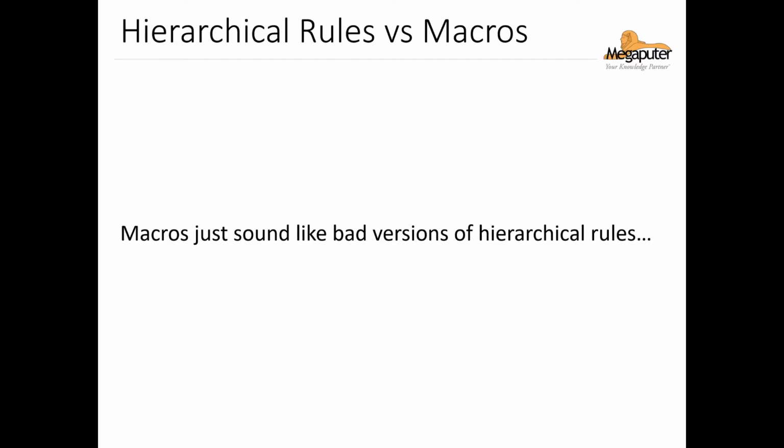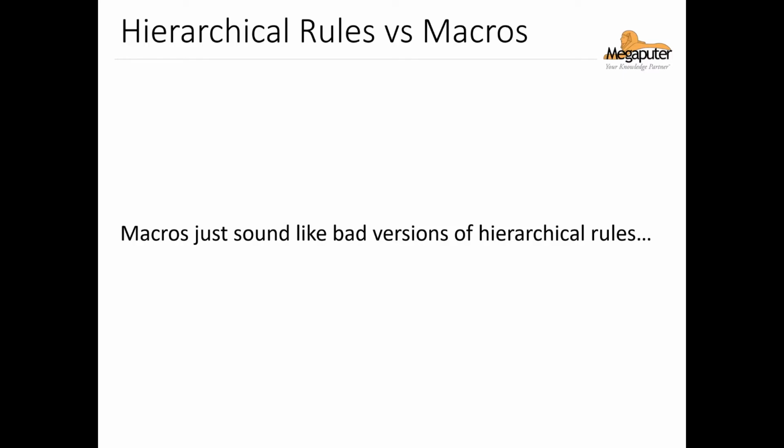So again, why do we want to use them? They sound, on first impression, like bad versions of hierarchical rules. If you aren't familiar with hierarchical rules, go back to a few of our XPDL videos where we talked about those.